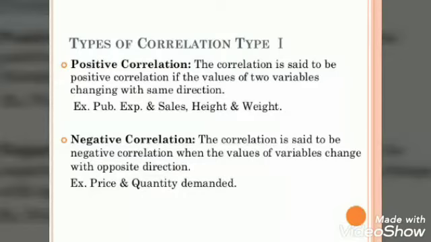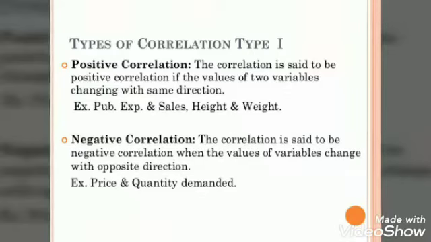Then such a relation is called positive correlation. That means over here we are talking about two variables which move in the same direction. If one increases, the other also increases. If one decreases, the other also decreases.